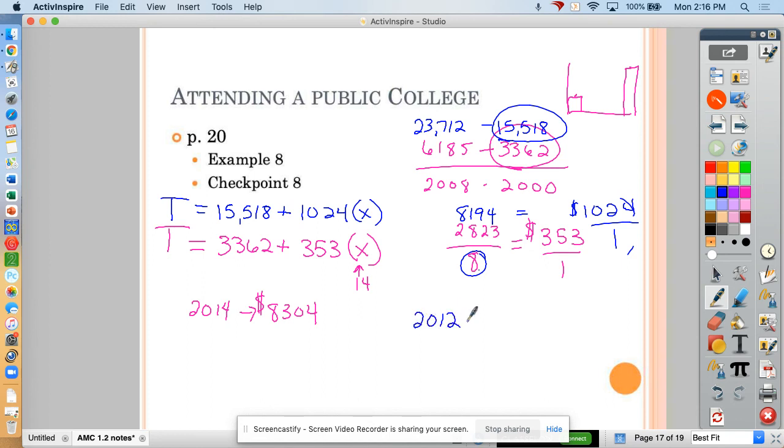The year 2012 is 12 years after, so we're going to plug a 12 into the whole formula. And when we get the answer, we get $27,806. So $27,806 is what we say tuition will cost at a private school in the year 2012.